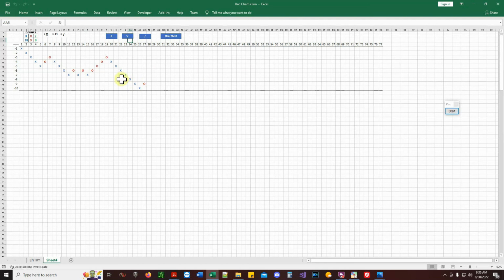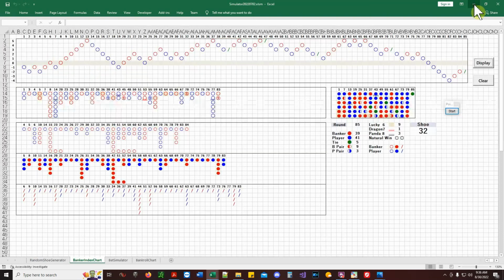Yes, if you're looking for breakout shoes, hit and run. But the beautiful thing about this is you can stay here if you're forced to play one shoe like you are when you're in a casino. You could just stay here and grind it out.